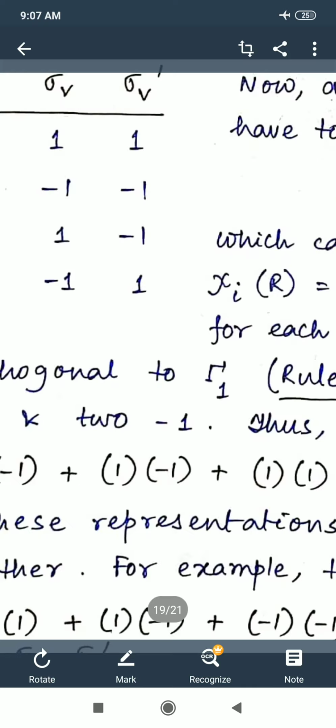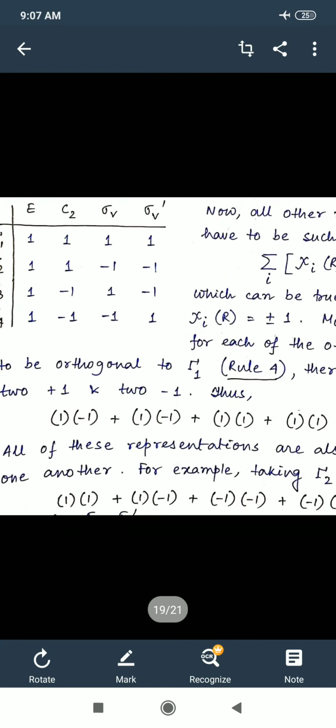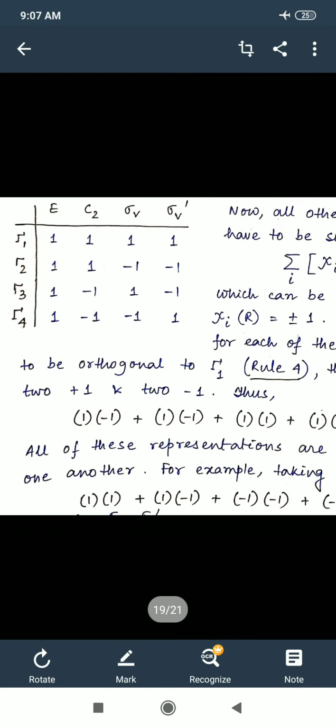So I can write what we have to write at first when we form the character table. First we have to write the symmetry operation E. With respect to the symmetry operation E, the Bethe notation 1 to 4 should be equal to 1. And there should be another column where the values of the Bethe notation are all equal.